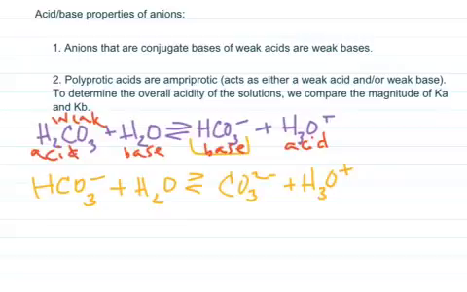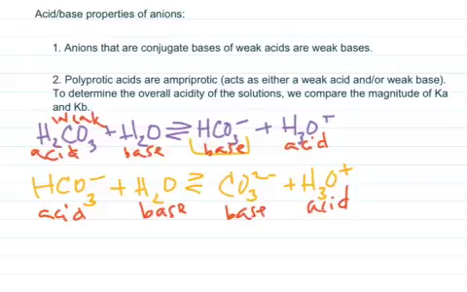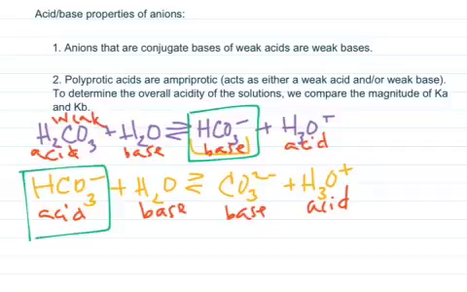So that means it loses a hydrogen, so that means this is the acid, and this is the base, while this is the base, and this is the acid. So as you can see, HCO3 minus is a base here, but it's also an acid. So let's do an example.